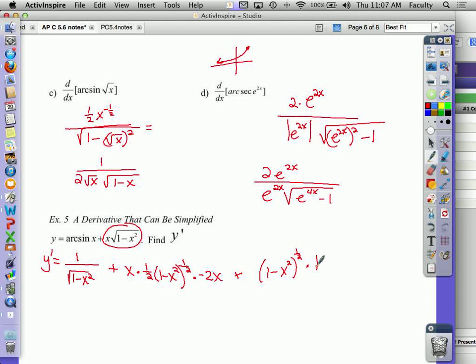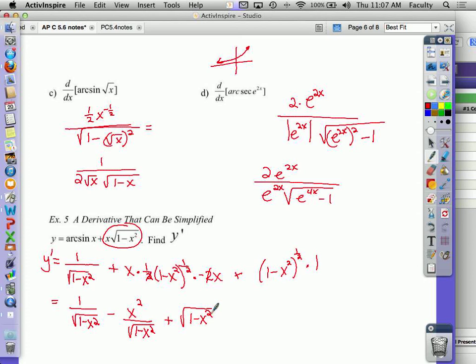Now, it's the algebra simplification that's going to be interesting. This is 1 over the square root of 1 minus x squared. The 2's cancel, and this becomes minus x squared. Now, that's over the square root, right? Because that's to the negative 1/2. And then I have plus the square root of 1 minus x squared.